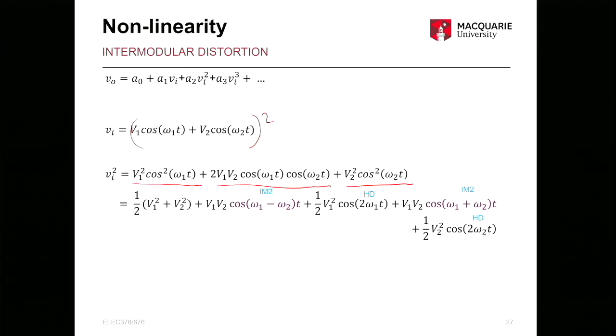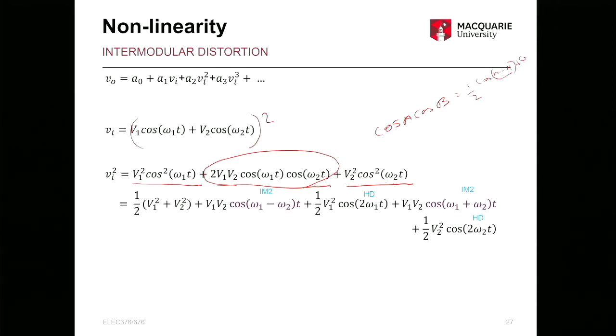Now you have a square term, which you know how to expand: (1 minus cos 2 omega t) divided by 2. Same thing happens here. This is in the same form as cos A cos B, which is half of cos(A plus B) plus cos(A minus B).